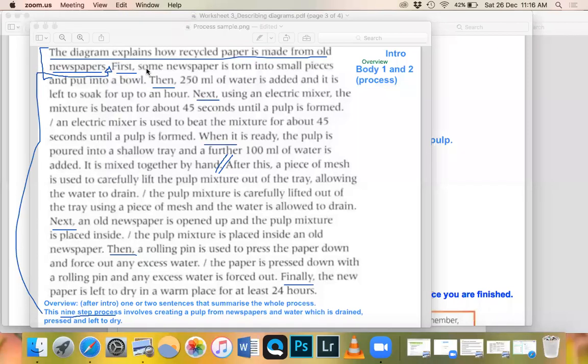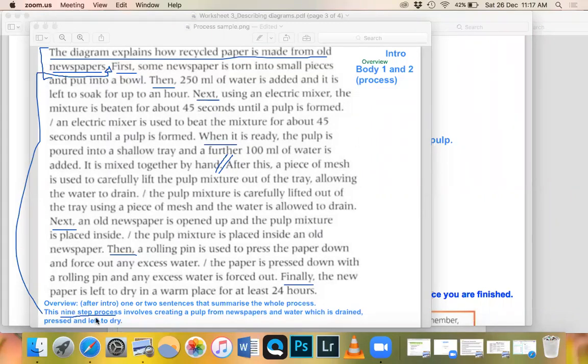Okay, so this is not a lot, it's only 1 sentence and it gives a brief summary of the steps that we're about to list. And then afterwards we would say first, the newspaper is torn. Okay, so the diagram explains how paper is made from old newspapers. This 9-step process involves creating a pulp from newspapers and water, which is drained, pressed, and left to dry.